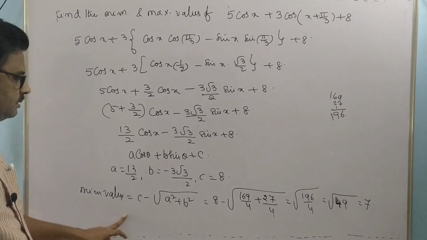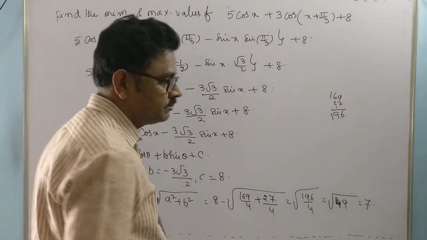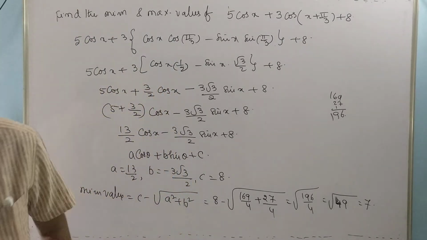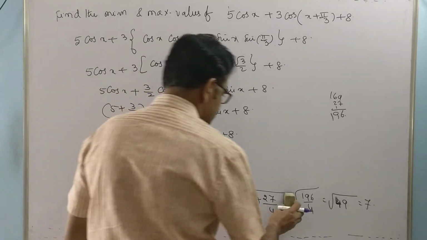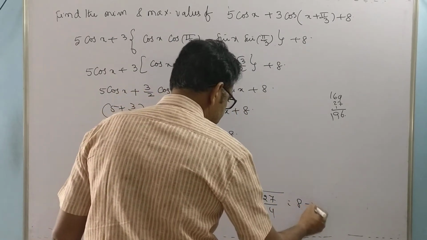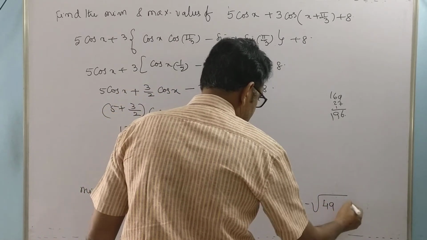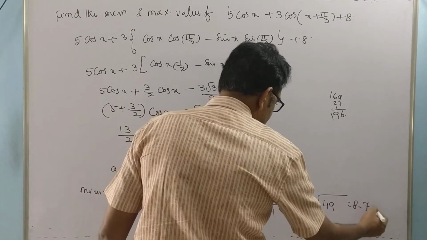Therefore this value is 8 minus root of 49, that is 8 minus 7, that is 1.